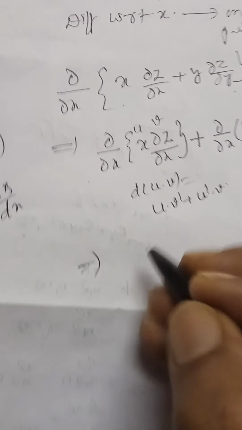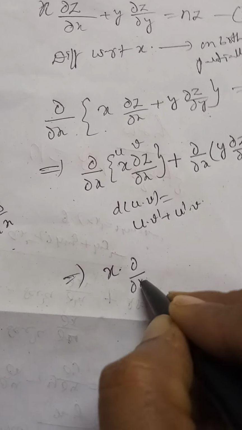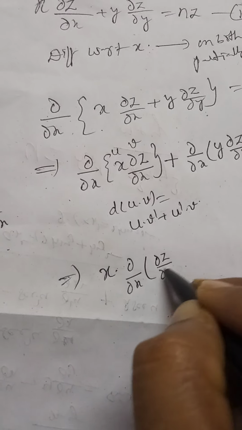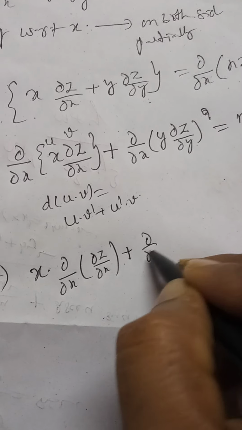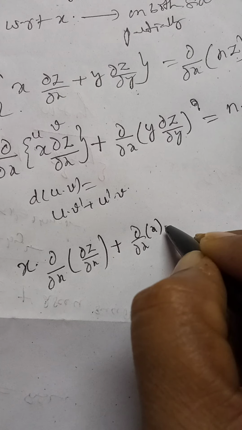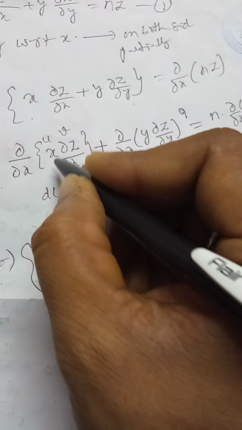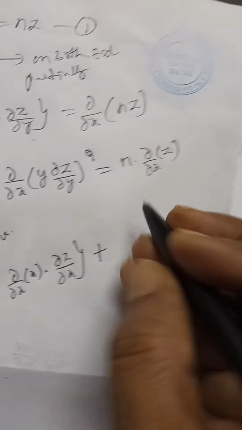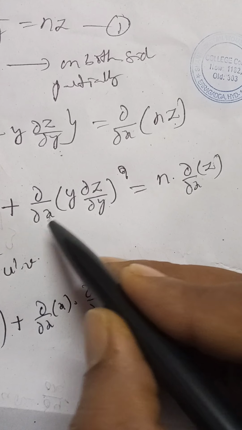Similarly this can be differentiated: x into ∂/∂x of ∂z/∂x plus, now ∂/∂x of u means x into v, which here is ∂z/∂x. This is the first term. Plus now here we are differentiating with respect to x.